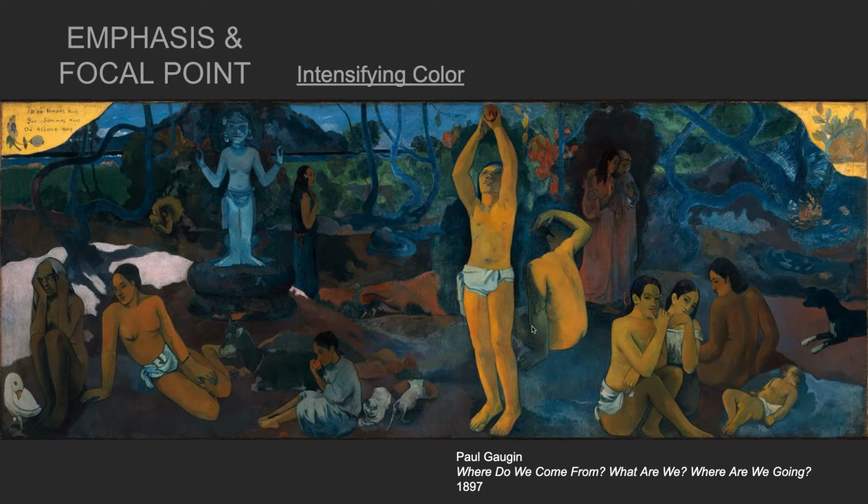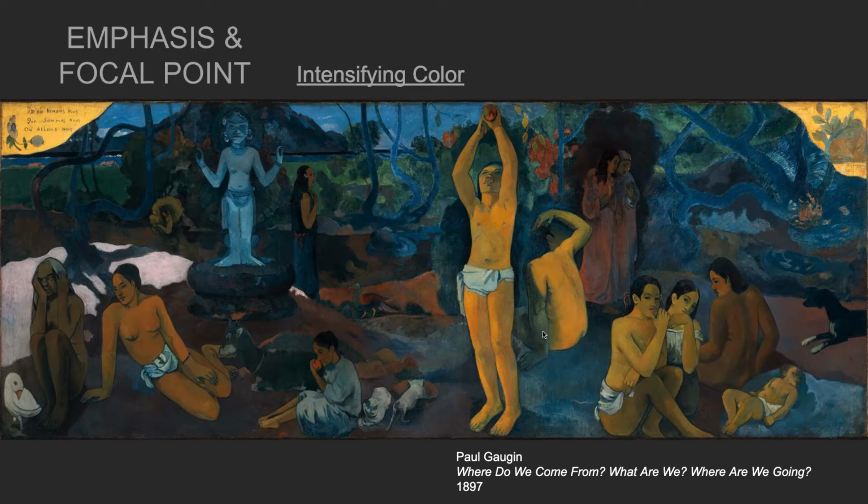I would say the focal point is right around here. This person grabbing the apple, and maybe through here. We have low saturation colors on the left and low saturation colors on the right, and high saturation in the middle.